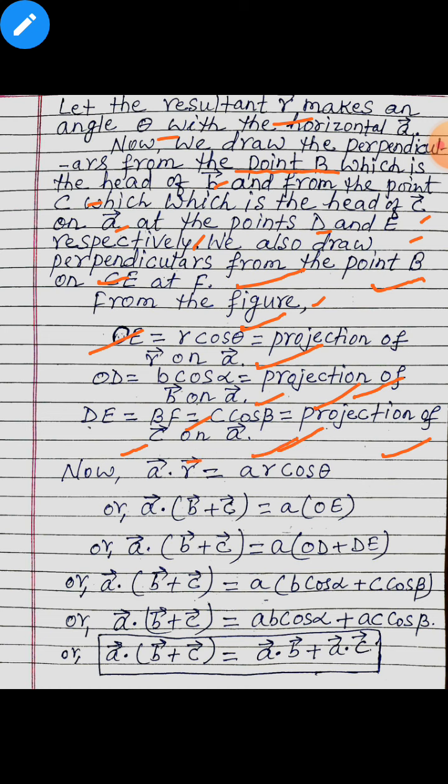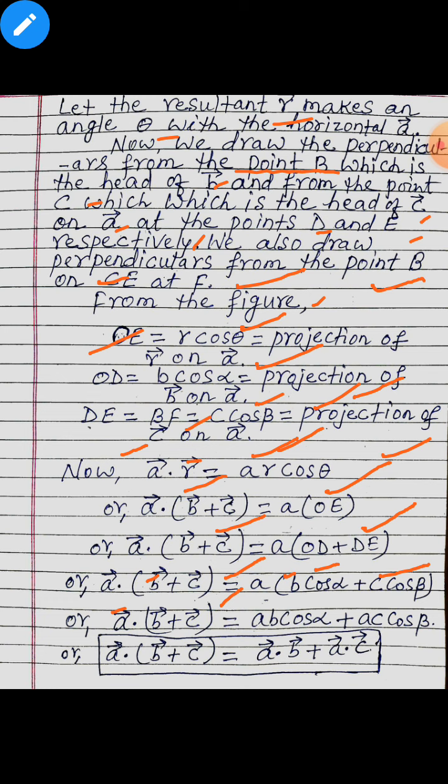Now, A vector dot R vector equals AR cos theta, or A vector dot this R vector, which can be written as B vector plus C vector equals R, and this R cos theta is OE. Or A vector dot B vector plus C vector equals A times OE. This OE can be written as OD plus DE.